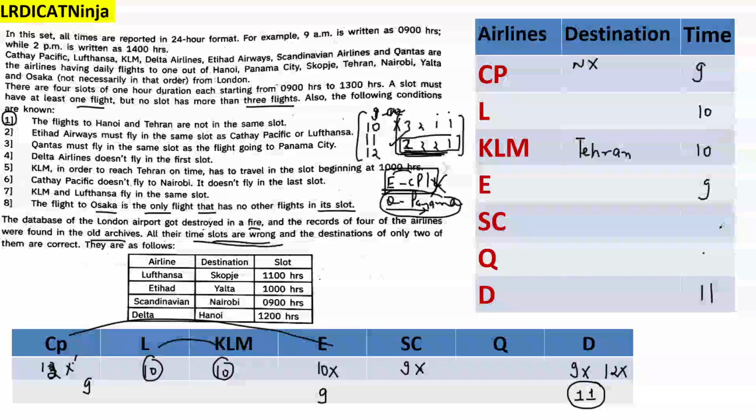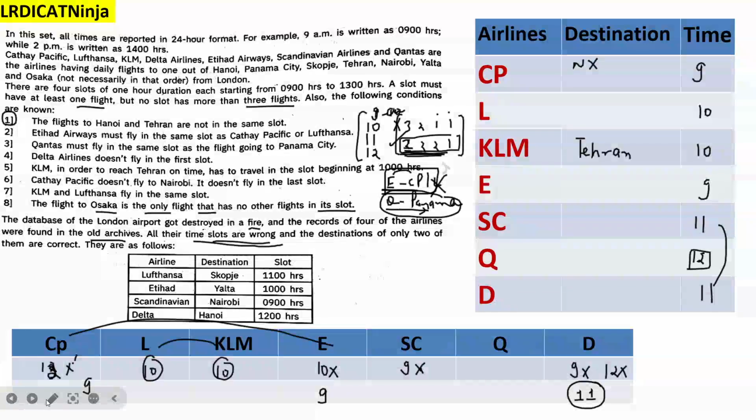And if I put these two together, let's say at 11, then Quant will be left with 12, but there will not be another flight going with Quant. There should be one more flight with Quant. Quant is with the Panama flight, so Quant cannot be alone. This means SC and Delta cannot be together.